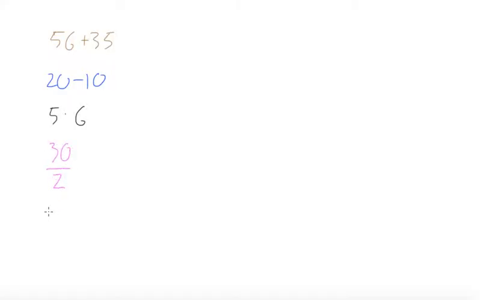Let's look at a couple more examples. Say you were asked to find the square of 15, or 15 squared. That is going to be 15 squared, like that. And what if you were asked to find the square root of 64? It would be written like this.